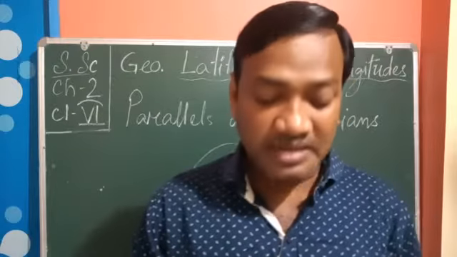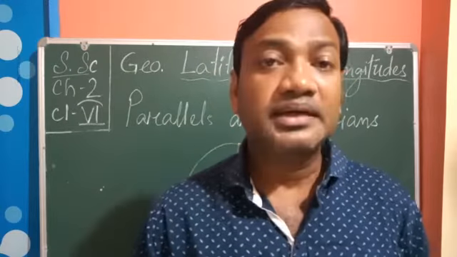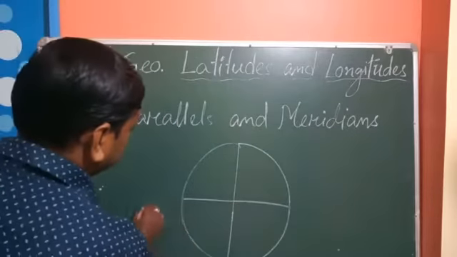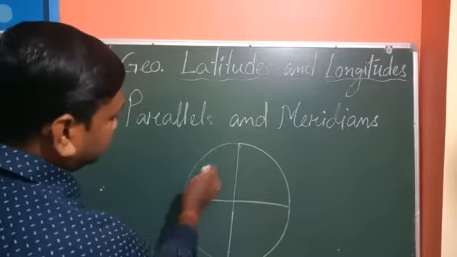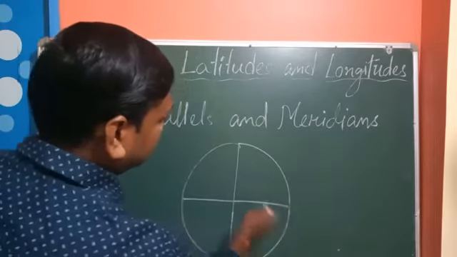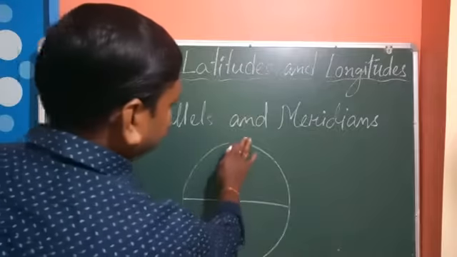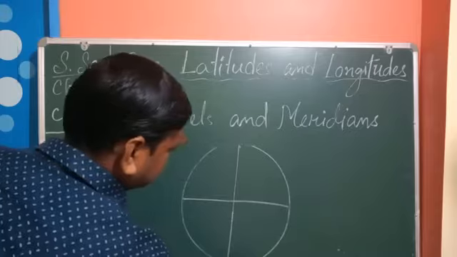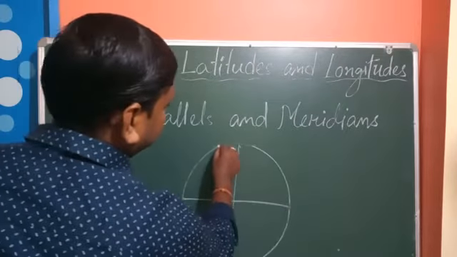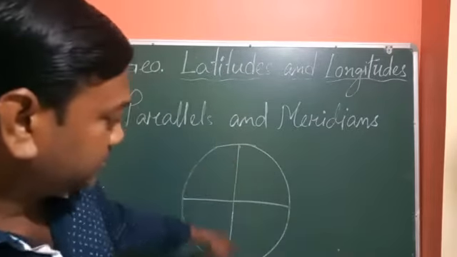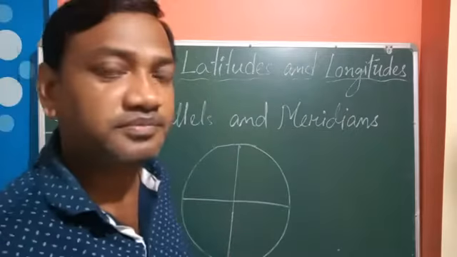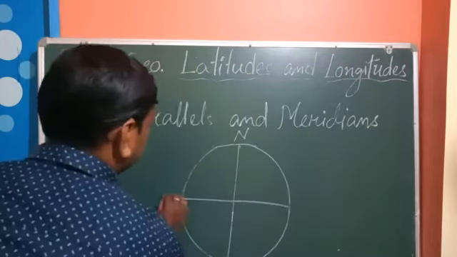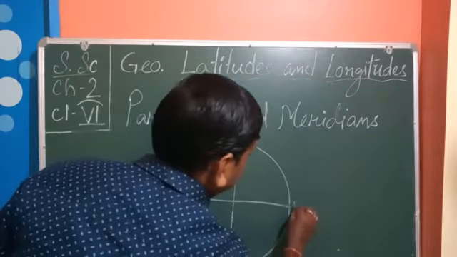So the earth is slightly bulging at the equator. So this is the equator. Here we will find these two sides a little bulging, and these two sides, north and south, that you know, north, south, west, east.